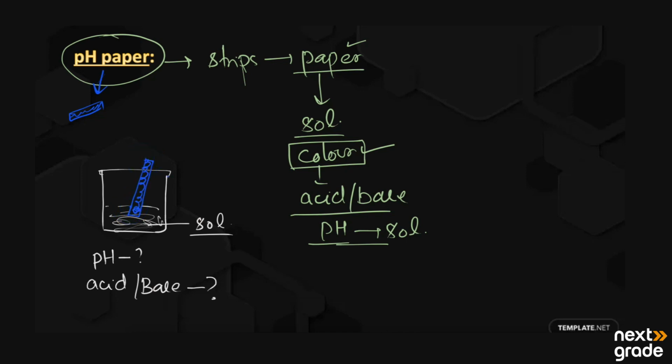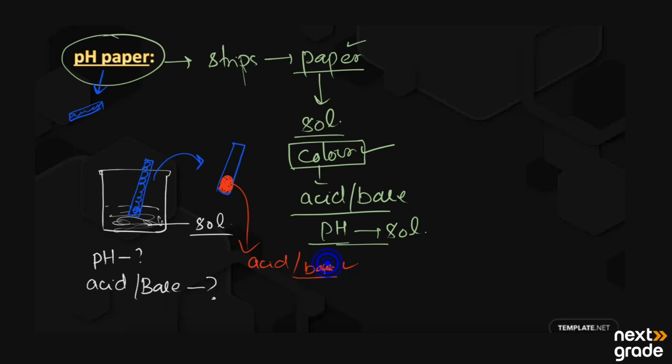When I dip it and remove it, this strip is going to show some specific color. For example, it shows red color. Then this red color shows whether it is an acid or a base.